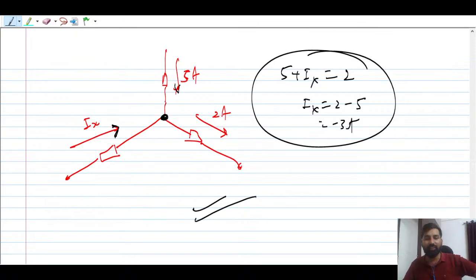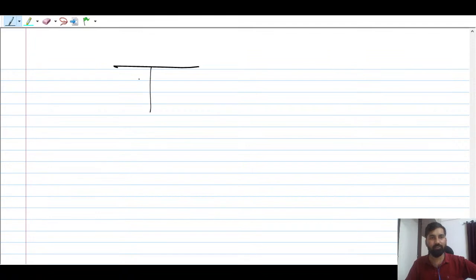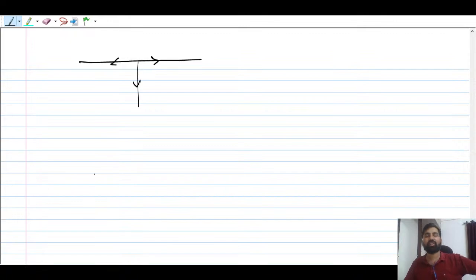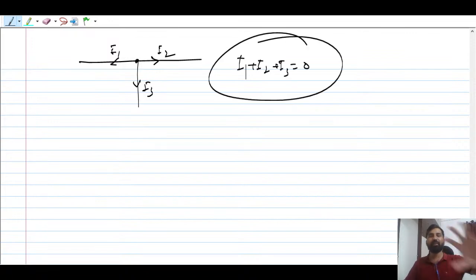Suppose we take a T network and we have to apply KCL at this point, and we don't know the currents. We can take I1 here, I2 here, I3 here, all going away, so simply I1 plus I2 plus I3 is 0. This is simple KCL.